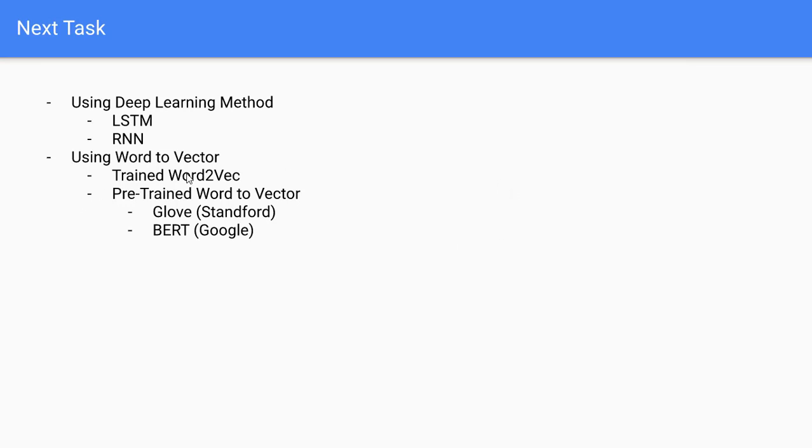Word2vec, or word embedding, is one of the methods that we can use to convert text into vectors other than TF-IDF. Word embeddings include word2vec from Google, GloVe from Stanford, and another one like BERT from Google.